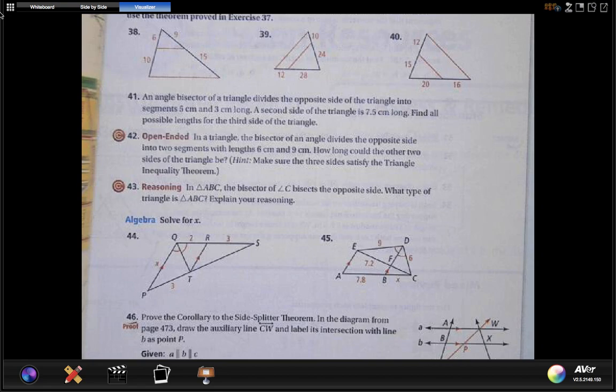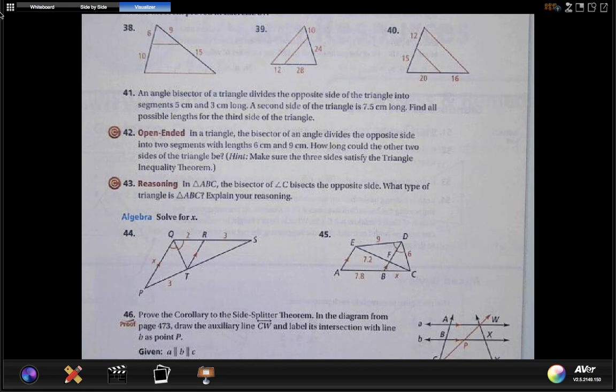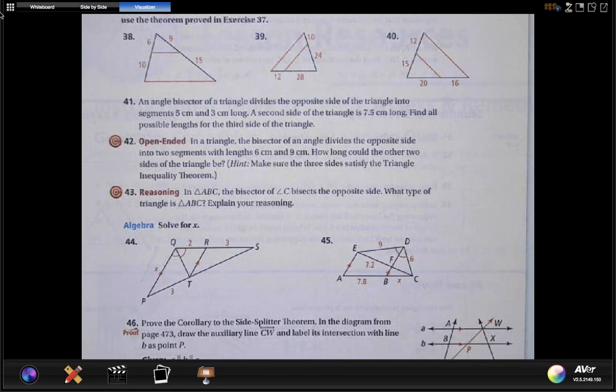So 44 says we're going to solve for x. Okay, so with 44 here, let's see here.